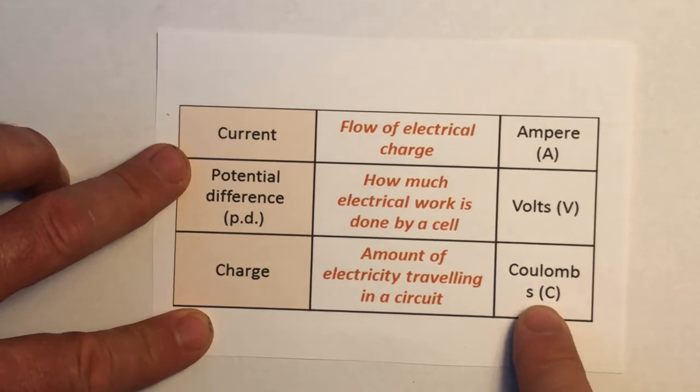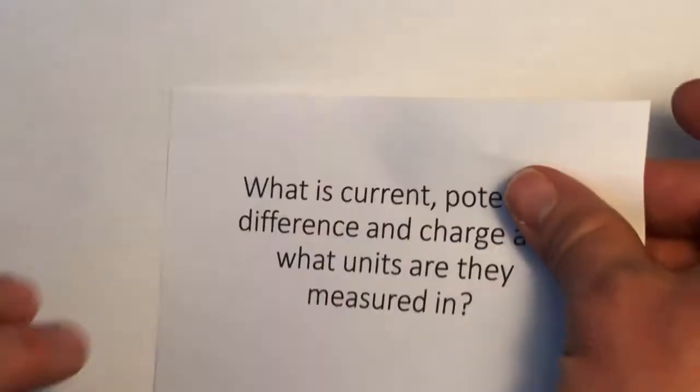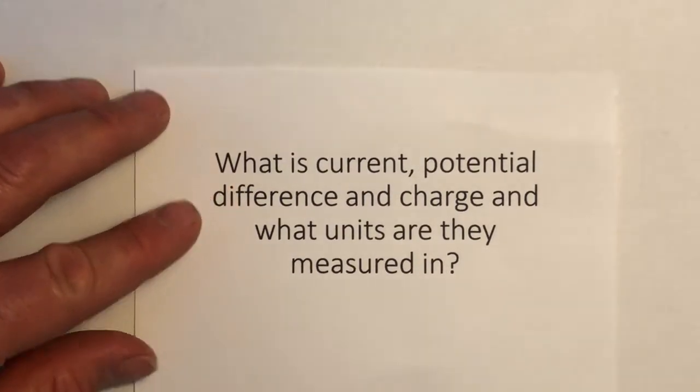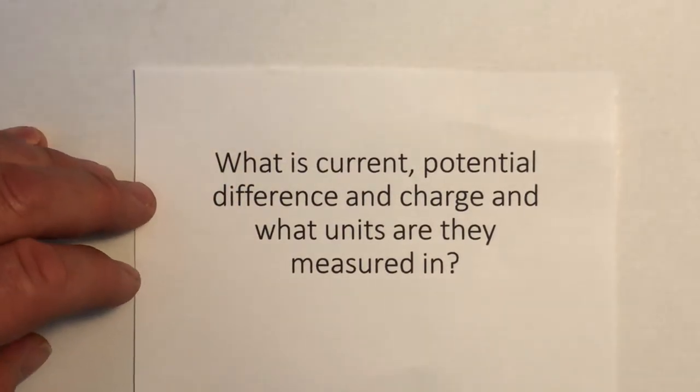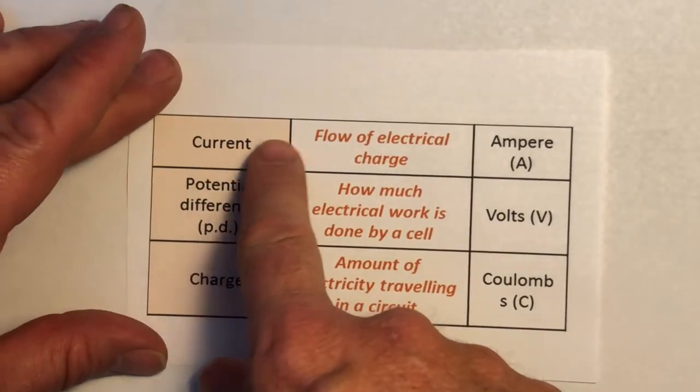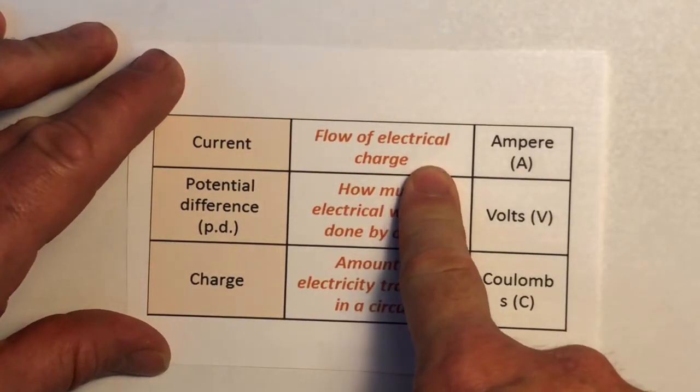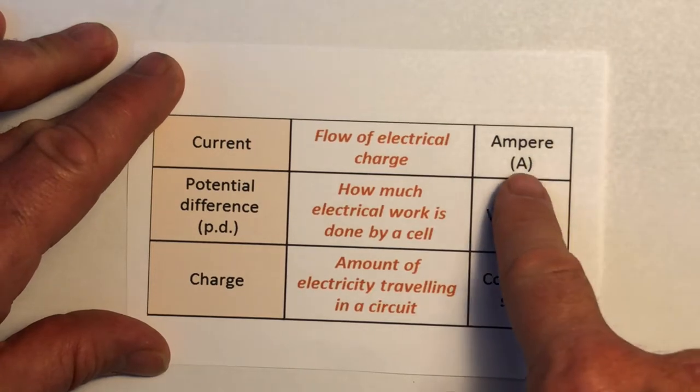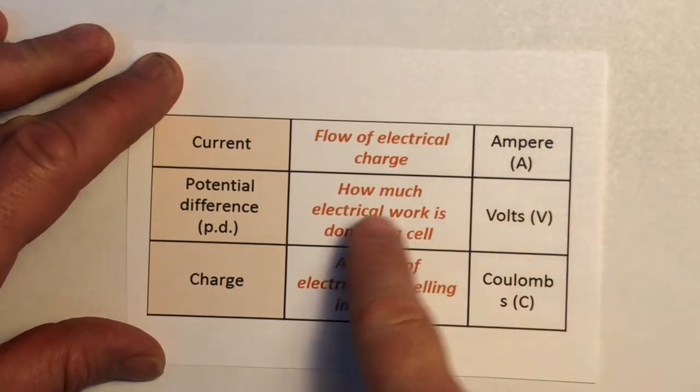So to answer the question itself: what is current, potential difference and charge, and what are the units they are measured in? Current is the flow of electrical charge, and it is measured in amperes, or capital A, amps.